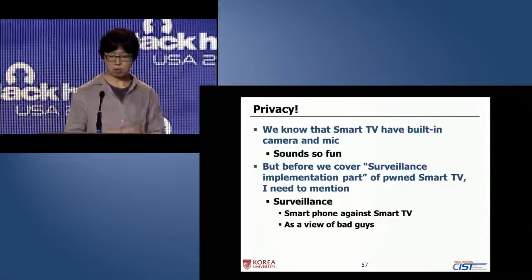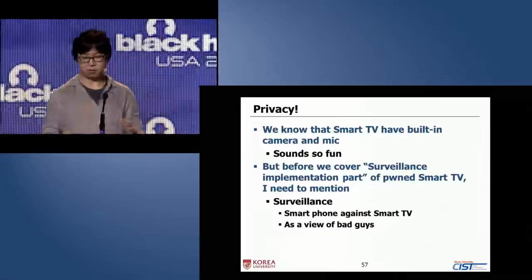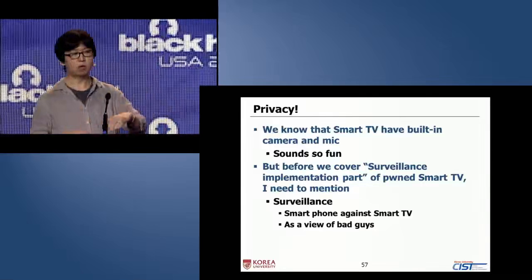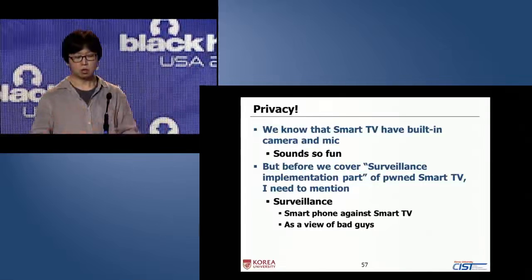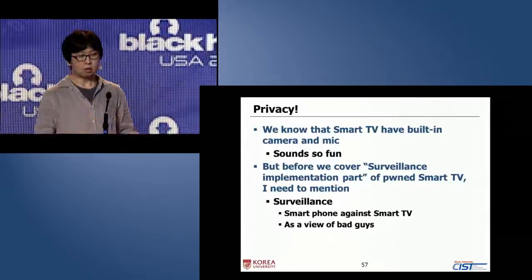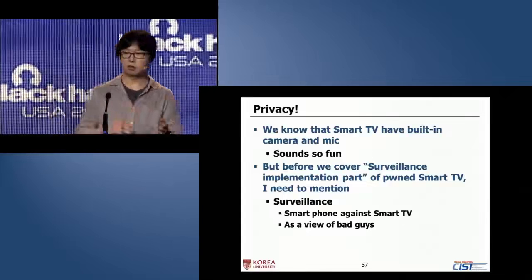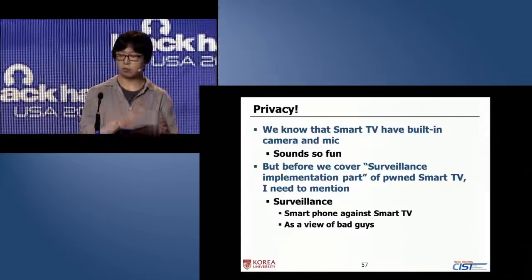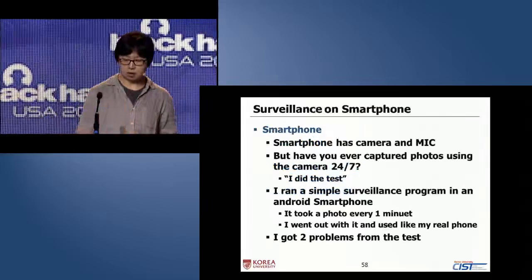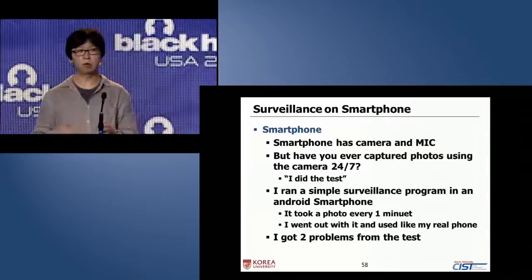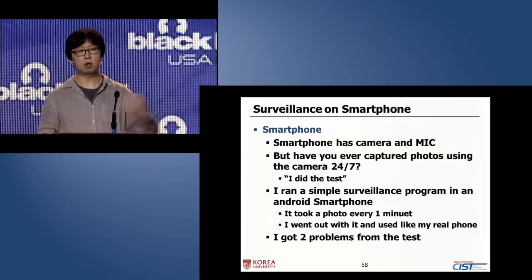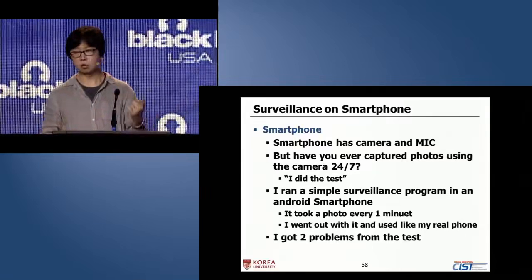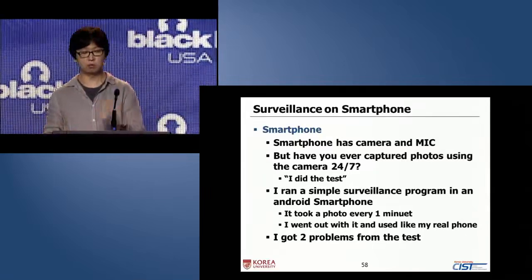So we have 30 minutes, but before we go to how I implemented surveillance programs, I want to mention the surveillance difference between a smartphone and a smart TV. I did a quick test on a smartphone. I made a simple Android program which takes a picture every minute, and I went out with the phone and used it as my real phone.